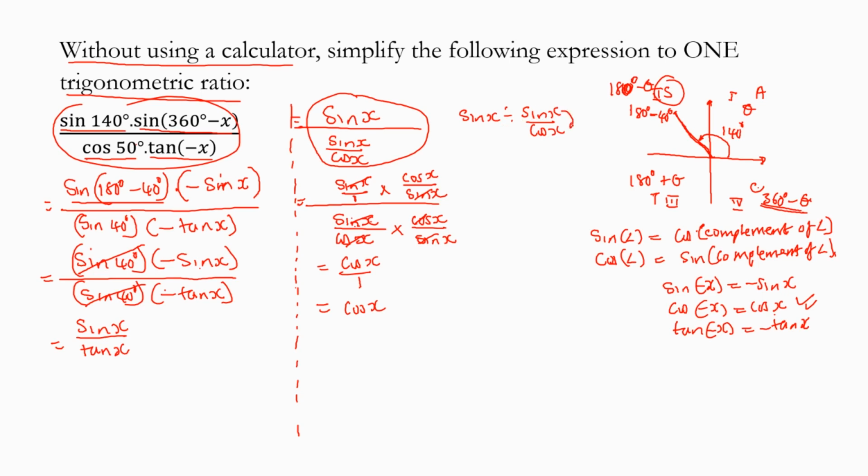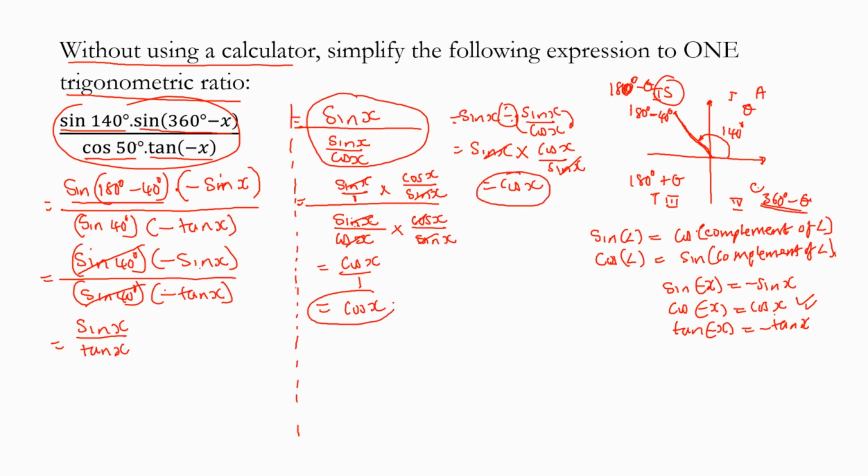This one goes down, this one goes up, and then you change this to multiplication. So this is sine x times cos x over sine x. Then sine x divided by sine x is 1. We remain with cos x. Okay, you see that? So we have simplified the expression to one trigonometric ratio.